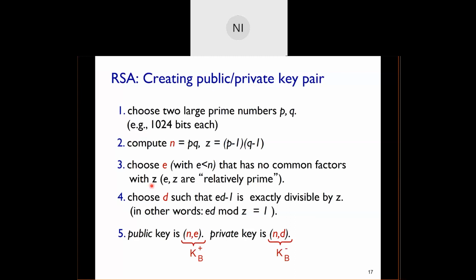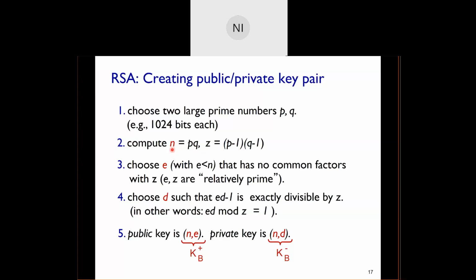Yes, sir, you are right. Once I give a number, whether it is prime or not is itself a big problem. And in addition, once I give some number n, finding which pair of prime numbers gives this is another problem.